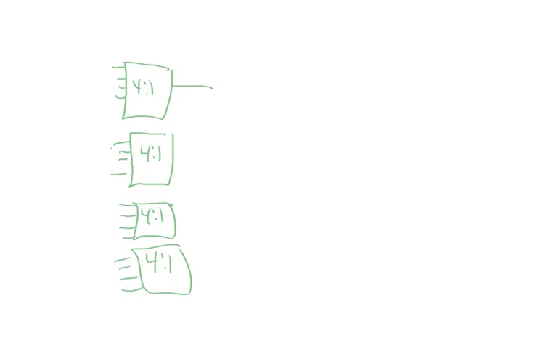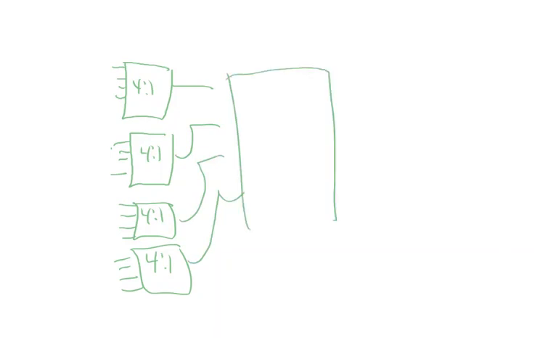Now I got 4 4-to-1 multiplexers. And what I do is I wire them together and I make a single 4-to-1 multiplexer on the output. And then what do I have here? What's this?